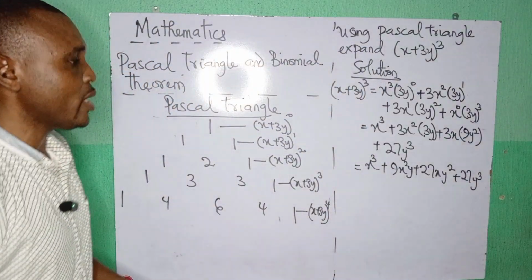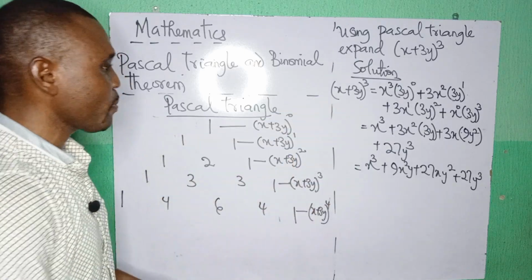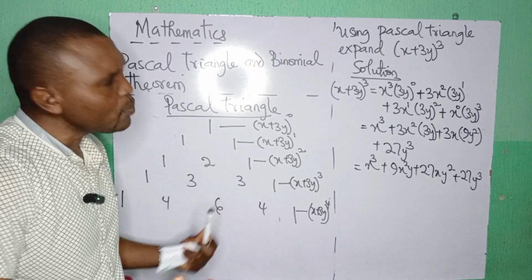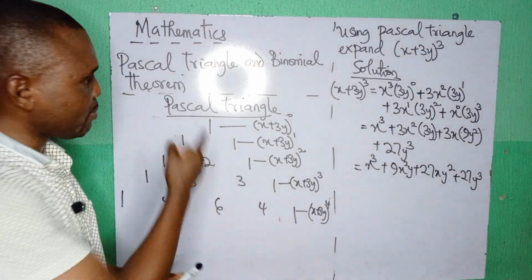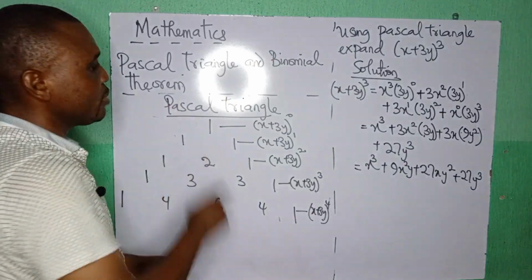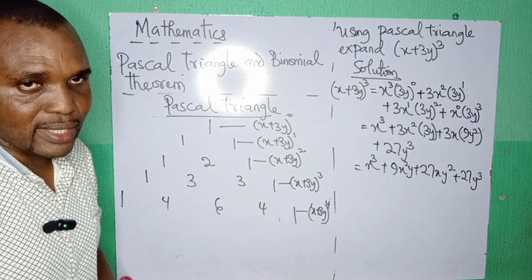Okay, so we have just expanded this using the Pascal triangle. Now, can we also use another method to expand this same question? The answer is yes. So we can still use the binomial theorem to expand this, and then we're going to arrive at the same answer. Okay.